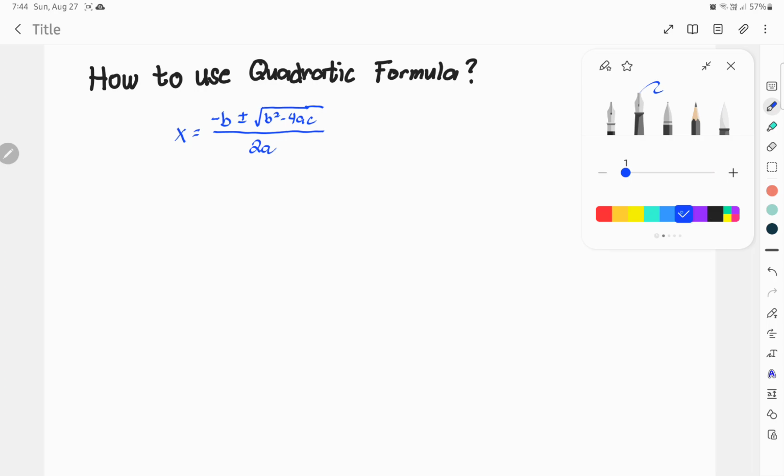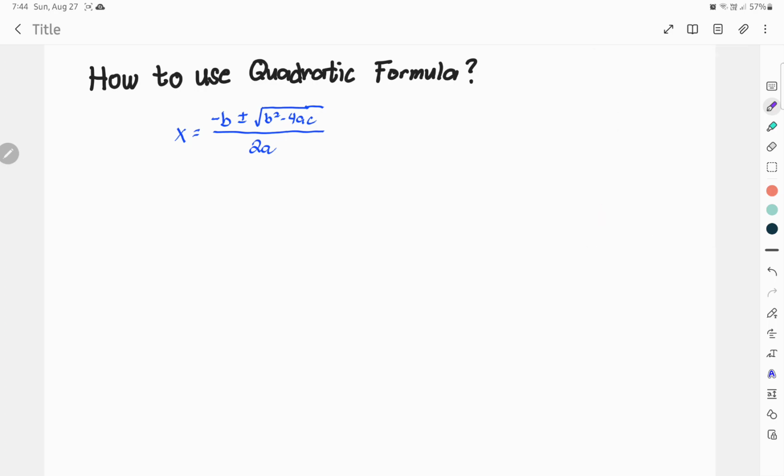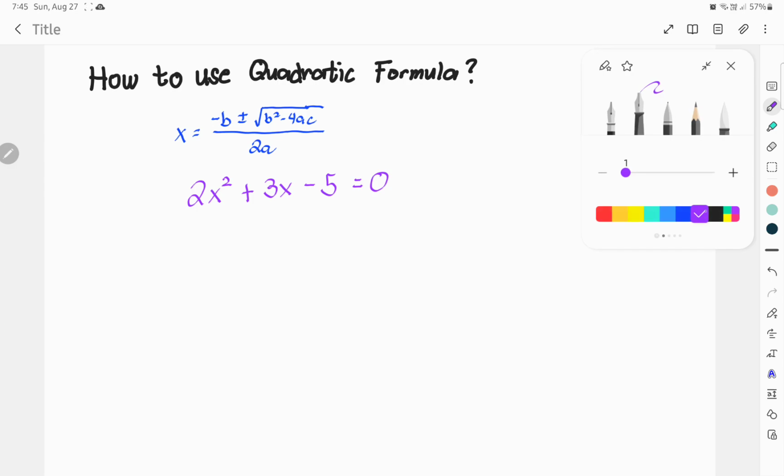So let me have this one. For example, we have now 2x squared plus 3x minus 5 is equal to 0. Technically, the quadratic equation has a general form. There are three elements that we want to identify before using the quadratic formula.